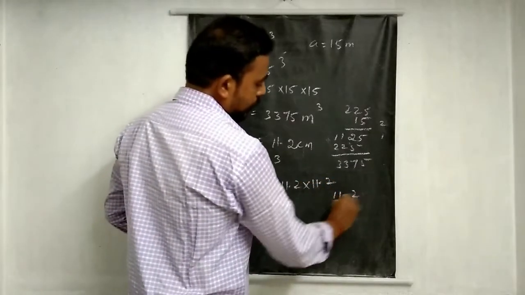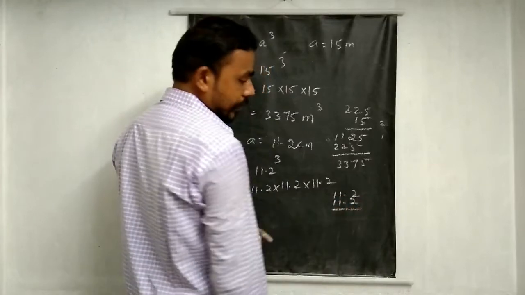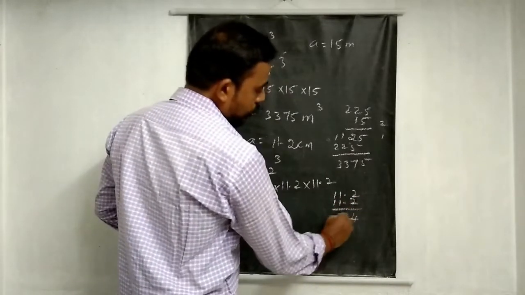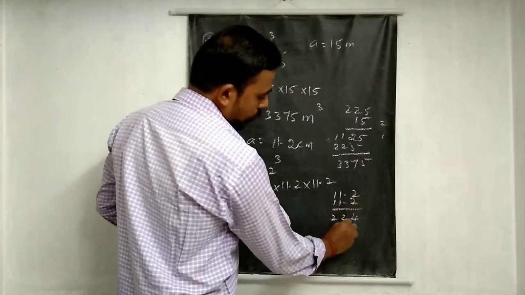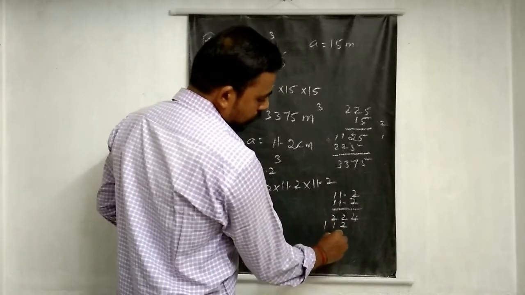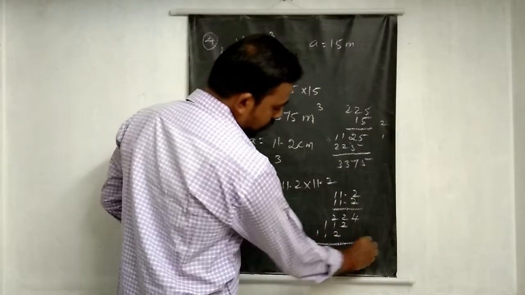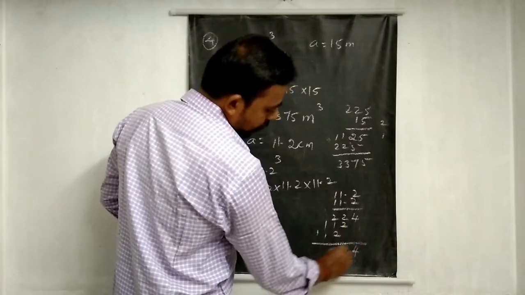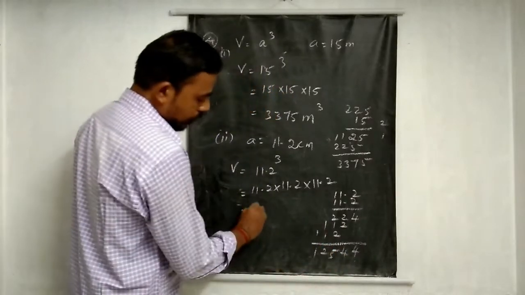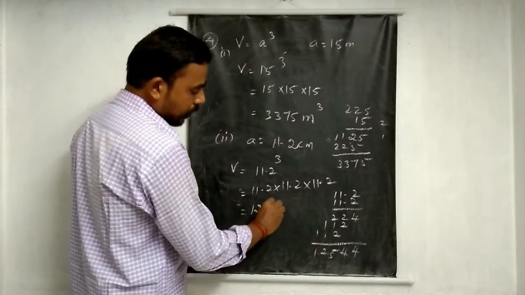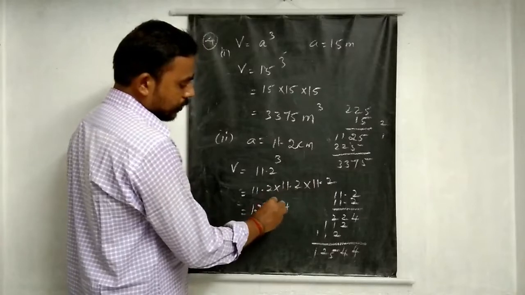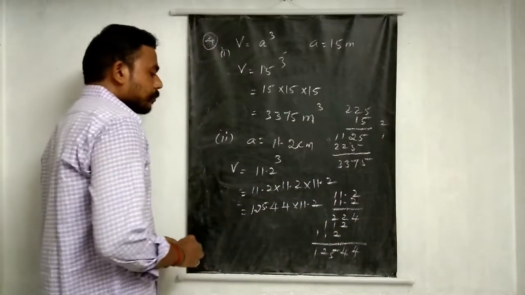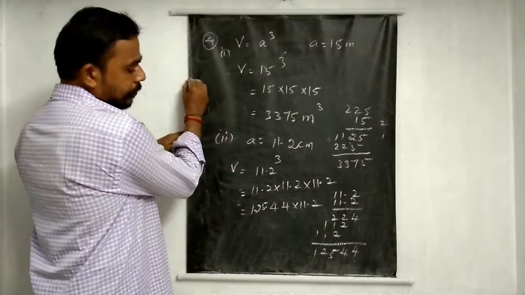So 11.2, 11.2. Multiply, after that put decimal. So 2 2s are 4, 2, 2. So we get 125.44, 2 decimals, into 11.2. So once again multiply.